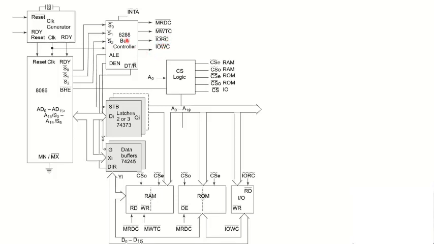These also provide the ALE signal, DEN and DT by R bar. DT by R bar is for data transmit and data receive, and this is an active high signal.